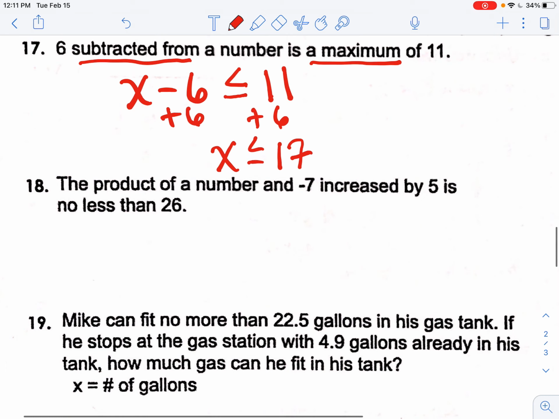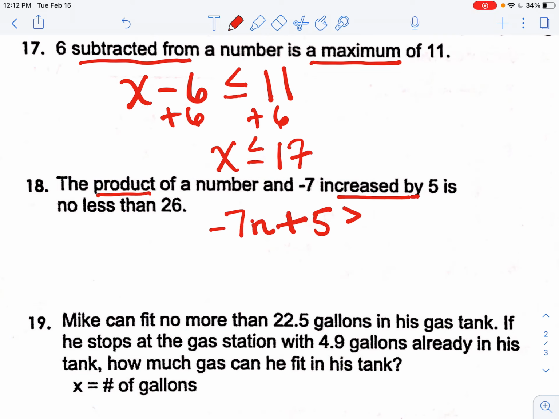Number 18, the product of a number and -7. Product means to multiply. So -7n increased by, so +5, is no less than. No less than would be greater than or equal to 26.